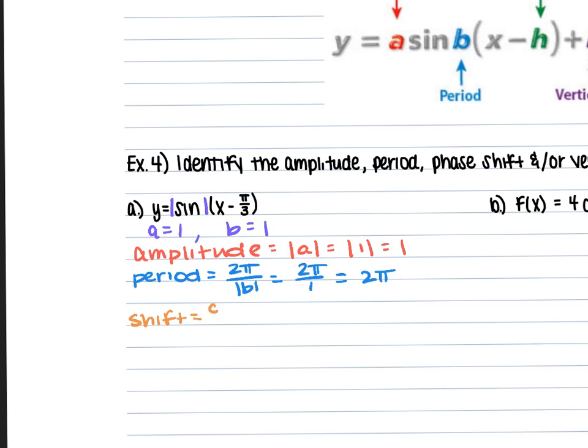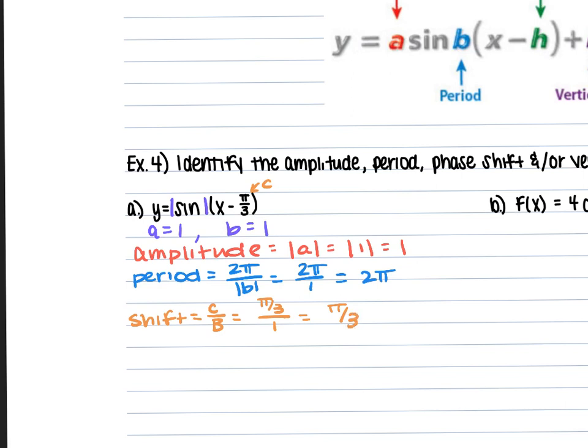Now, our phase shift is C divided by B. Our B here is the 1. Our C is that pi over 3. Now, you see how there's a negative in front of that pi over 3. We're taking the opposite of that, so it is positive. So this is just pi over 3 divided by 1, which is just pi over 3.